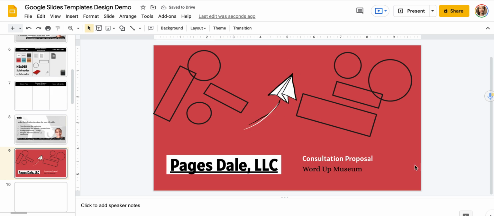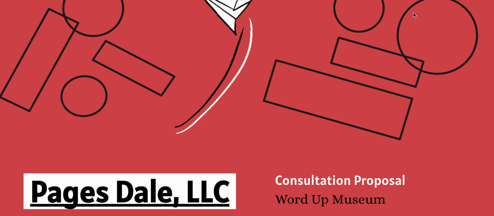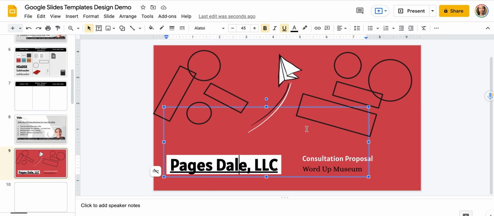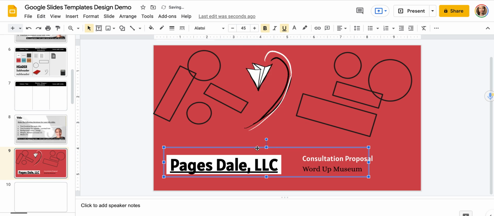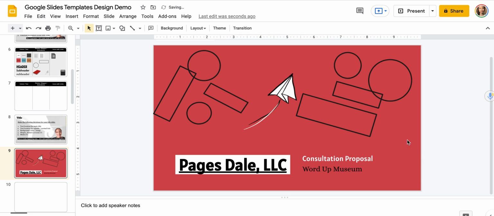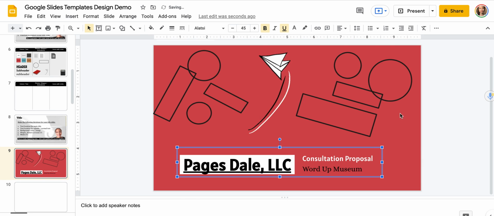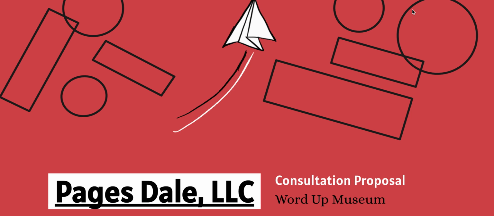And I like that. Is it perfect? No, but that's okay, because it's your template. It's okay for things to be a little quirky here. And I actually really like it.